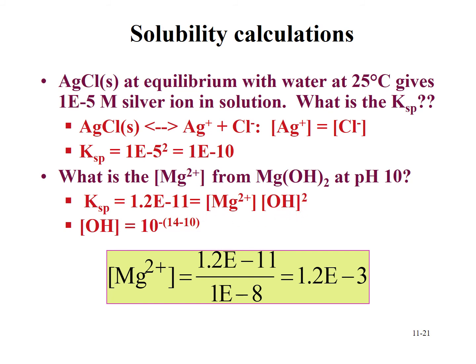We rearrange this equation, knowing that the hydroxide is, if I give you the pH, 14 minus the pH is equal to the pOH, so 10 to the minus 4. I rearrange this equation where the magnesium is equal to the KSP divided by the hydroxide squared, and I get a value of about 1 millimolar.